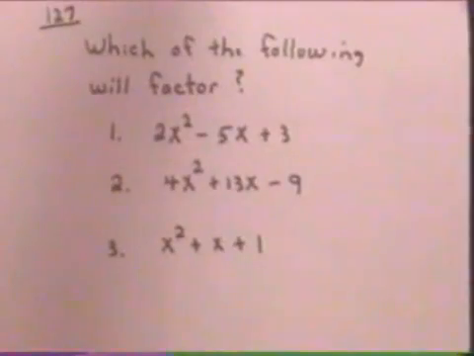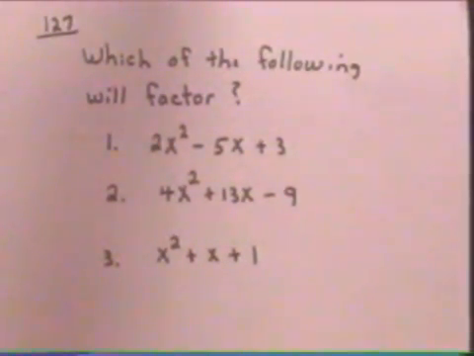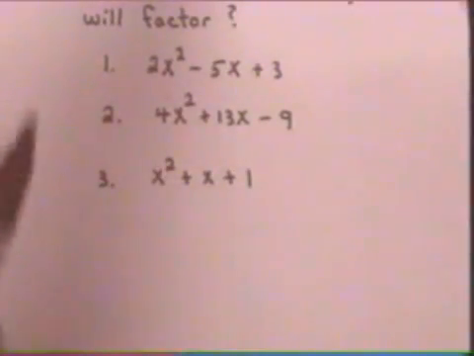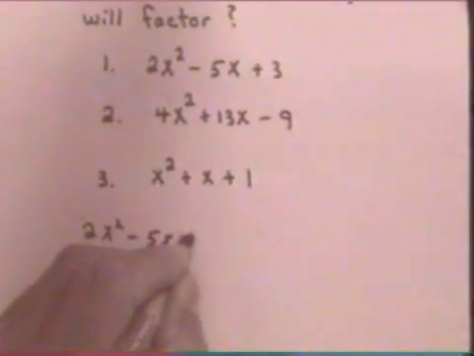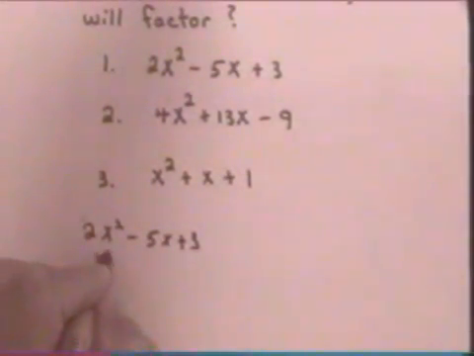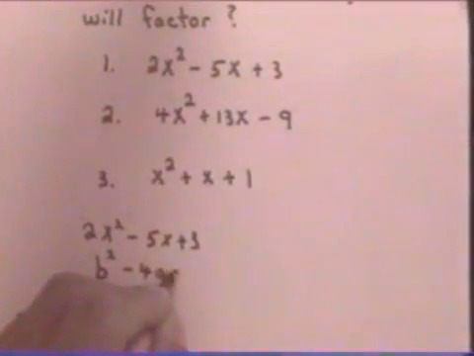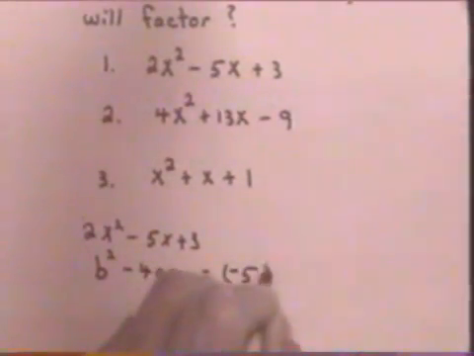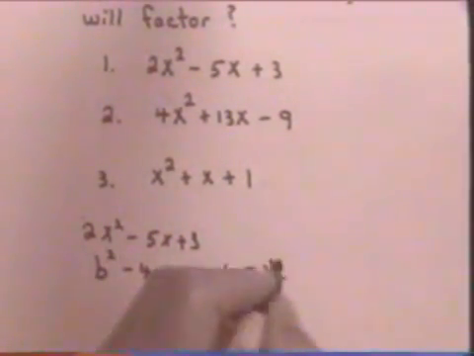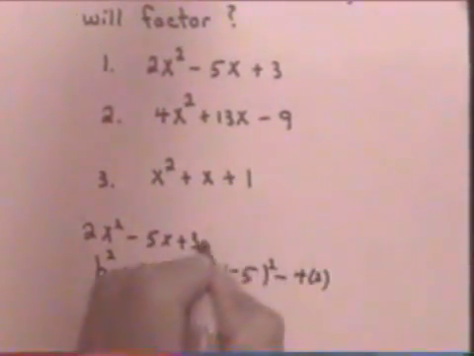Let's give an example of how you can apply those facts. Which of the following will factor? Let's look at the first one: 2x squared minus 5x plus 3. The discriminant is b squared minus 4ac. b is negative 5, so it would be negative 5 squared minus 4 times 2, since a is 2, times 3, since c is 3.